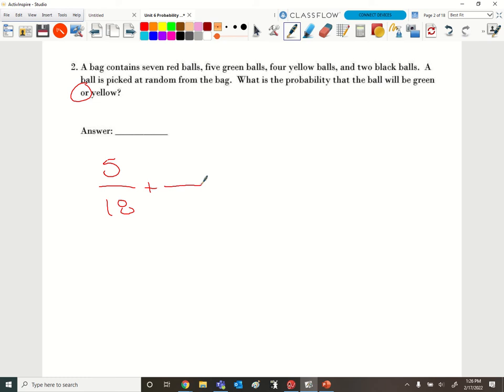How many are there? Okay, there's 4 out of 18, there you go. And then we combine, and we're adding, since they already have a common denominator, and I'm going to come up with 9 over 18, which gives me 0.50. So the Mathanese way is going to be probability P of green or yellow.